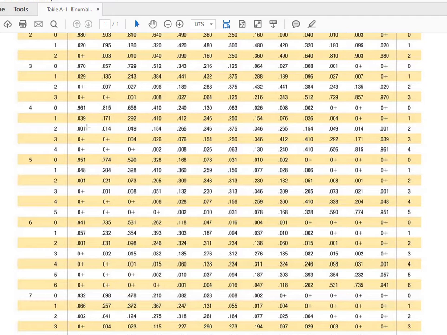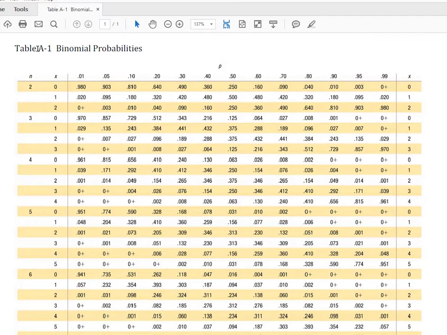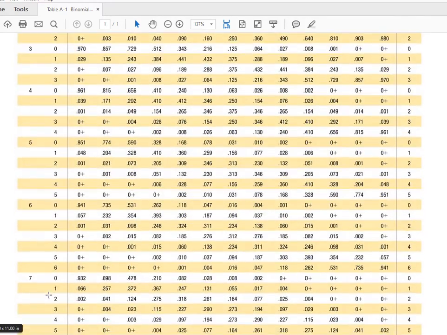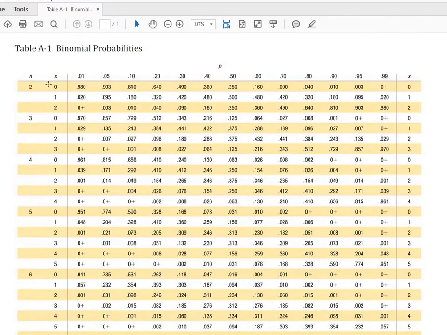And we have table A1, binomial probabilities, and there's our n value, and it goes from 2 to 8. There's our x values. So we have our fixed number of trials, n, and it'll have a corresponding x. X is the specific number of successes that I'm wanting within the fixed number of trials.